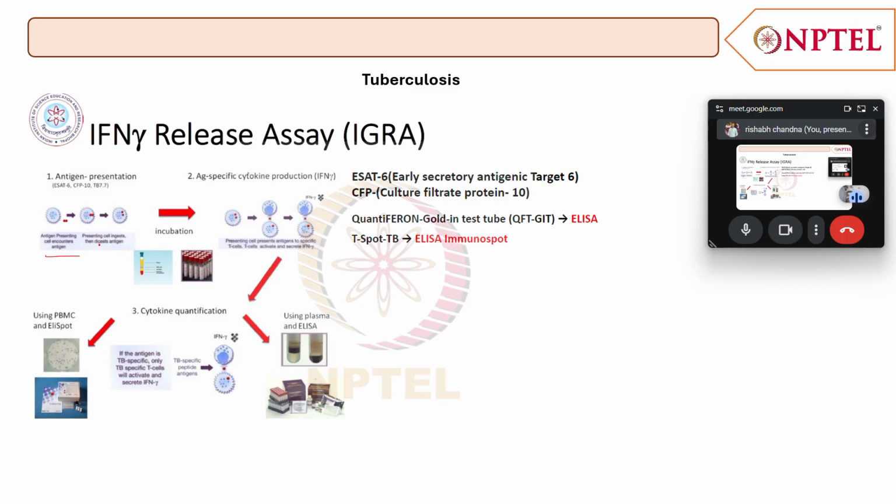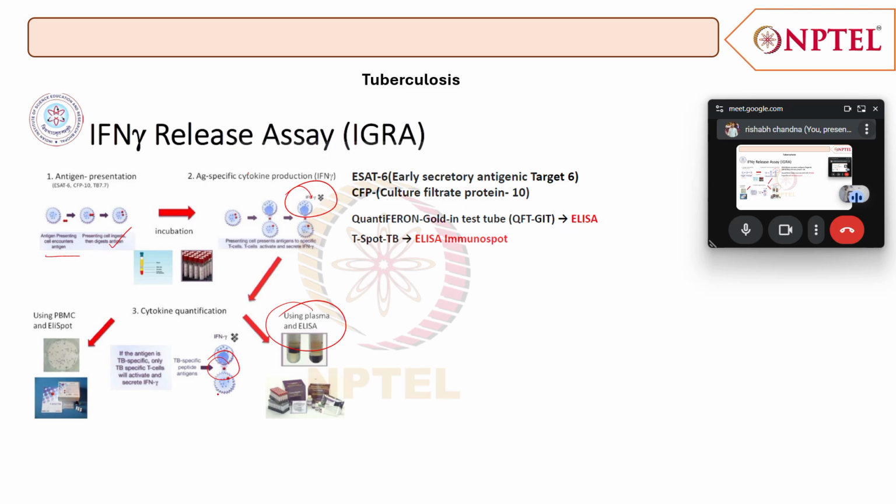The presenting cell ingests and then digests the antigen, and after incubation it releases the IFN gamma. Now, if the sample has the particular mycobacterium antigen, the T cells that are specific to the mycobacterium will release the IFN gamma after interacting with the antigen.